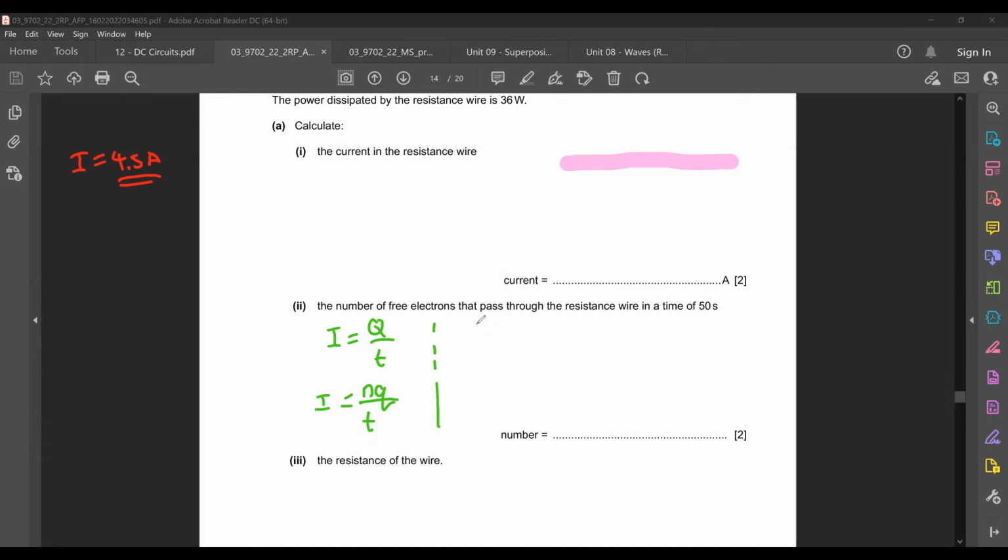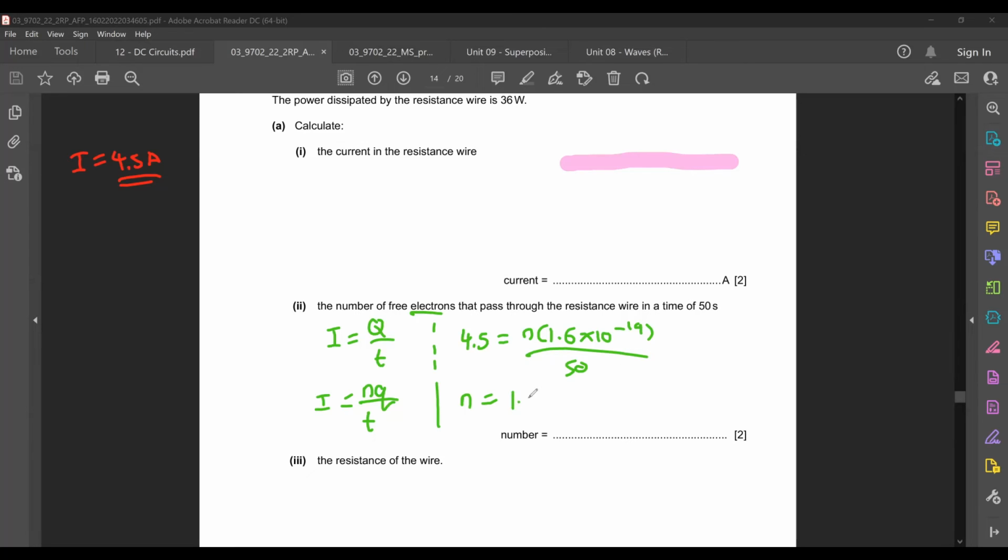Okay, so I was 4.5. Number of charged particles or free electrons is N. The charge of an electron is 1.6 times 10 power minus 19, divided by 50, and N would be 4.5 times 50 divided by 1.6 times 10 power minus 19.